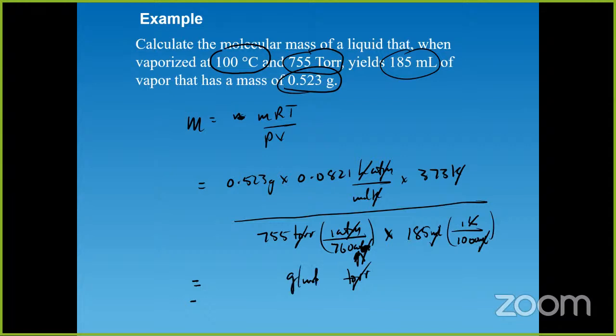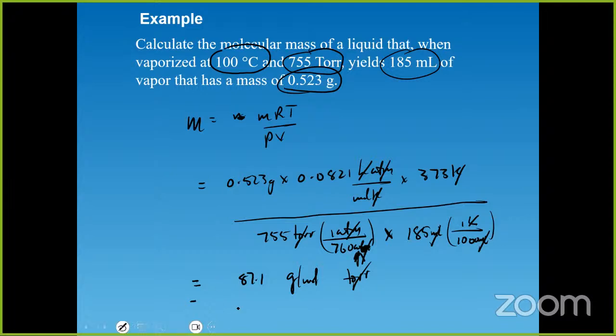So let me do this number crunching here: 0.523 times 0.0821 times 373 divided by 755 divided by 760 divided by 0.185. Again, please correct me if I'm wrong, but what I got here is 87.1 grams per mole.